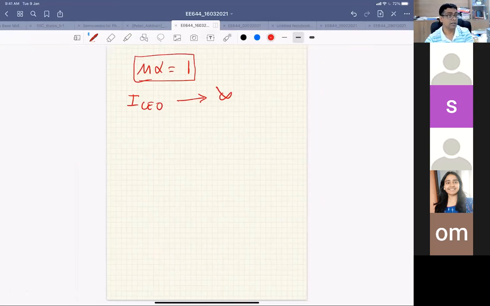We are not talking about infinite here. Just when M times alpha becomes 1, high current will flow across the transistor, right? So let's not confuse you.